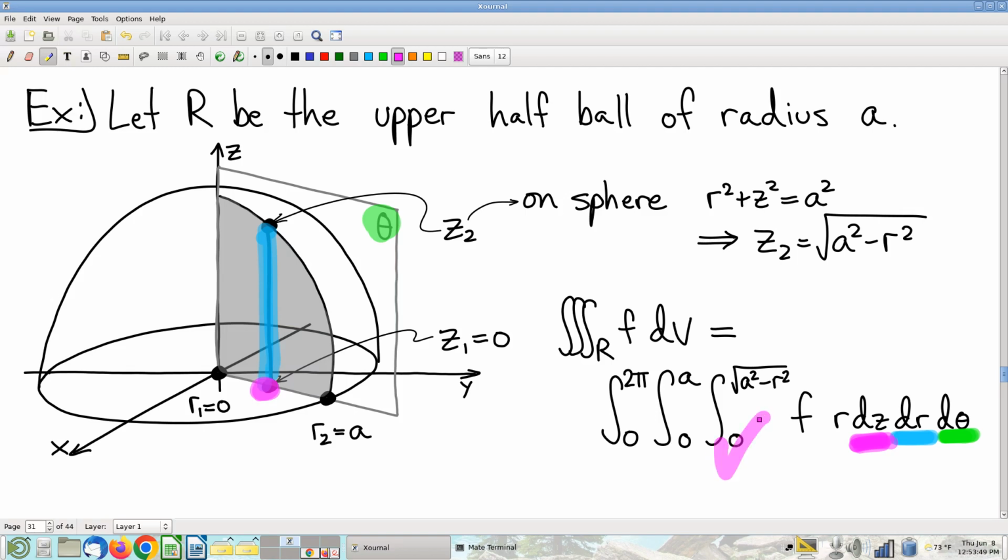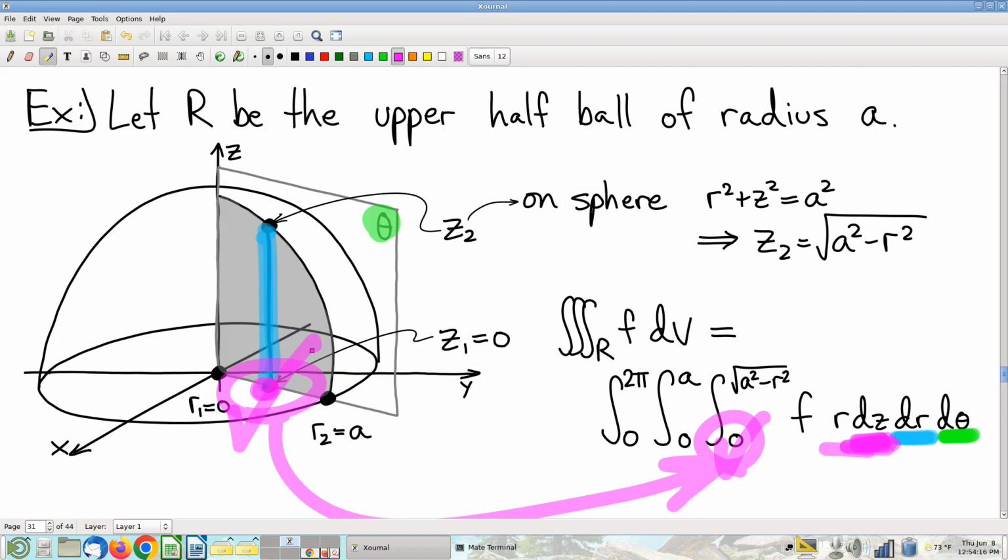Don't you love having a picture? The picture is doing all the heavy lifting for us. If you have a good picture, as you visualize what's going on with these slices, you represent that, and then the picture tells you at least what algebra to look at in order to decide. Sometimes the picture just straight up tells you, check it out, z is 0 at that point because we're in the xy plane.